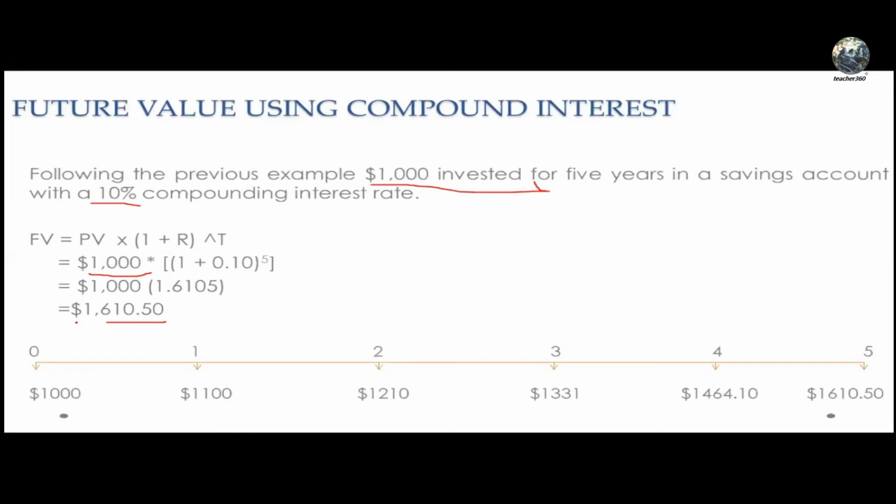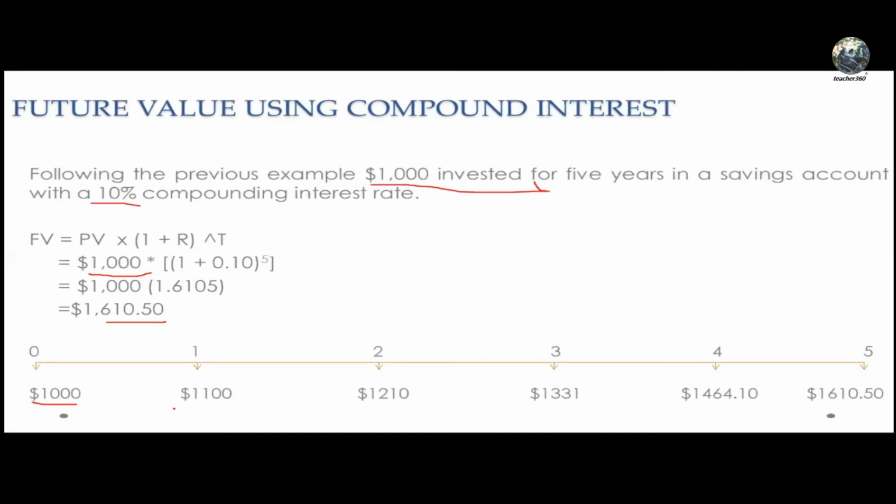You can also get in the deep of this calculation through this timeline. At the year 0, you have invested $1,000.